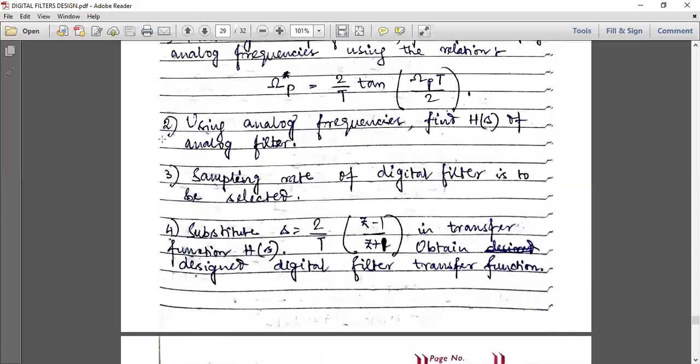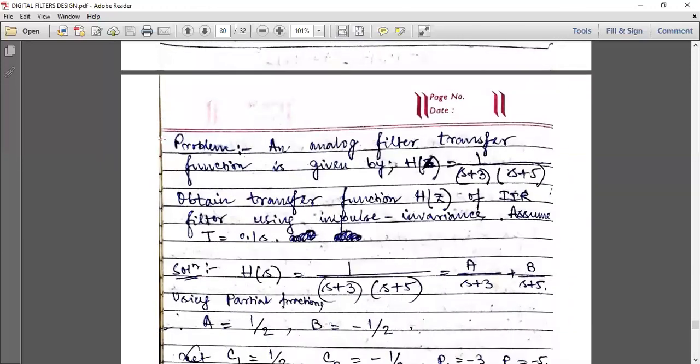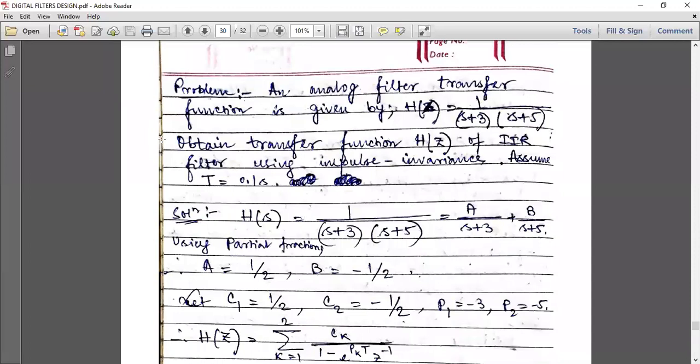Clear? So now let us come across a problem. An analog filter transfer function is given by H(s) equal to 1 by (s plus 3)(s plus 5). Obtain the transfer function H(z) of the IIR filter using the impulse invariance method. Assume T equal to 0.1 seconds.